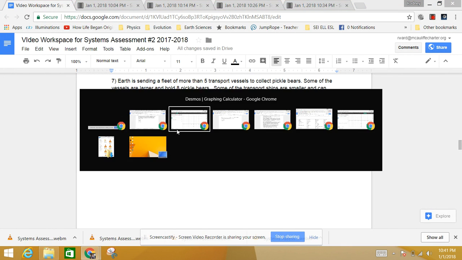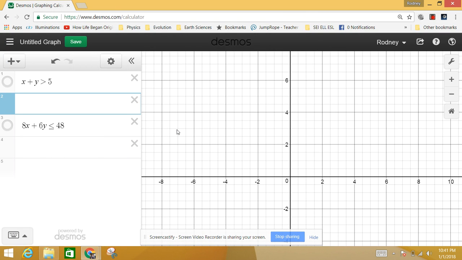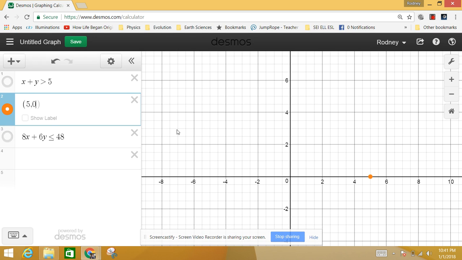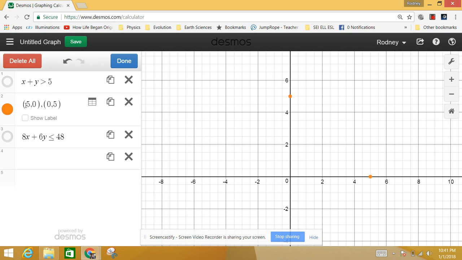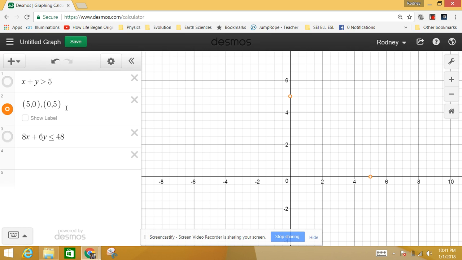All right, I'm going to go over here to Desmos, where I have my 2 inequalities in. I'm going to put in my X-intercept and my Y-intercept. All right, those should not be solid, though, because this is not an or equal to, so I'm going to make them hollow. So they're open points.